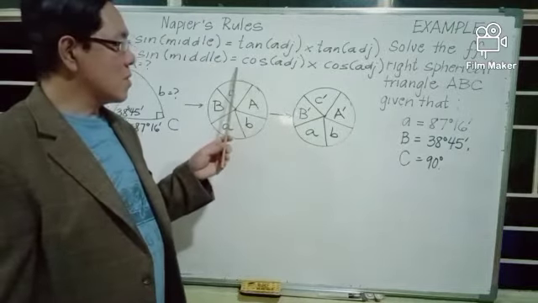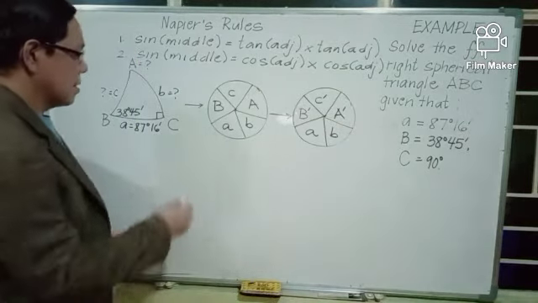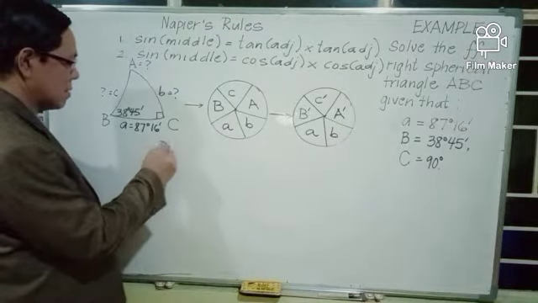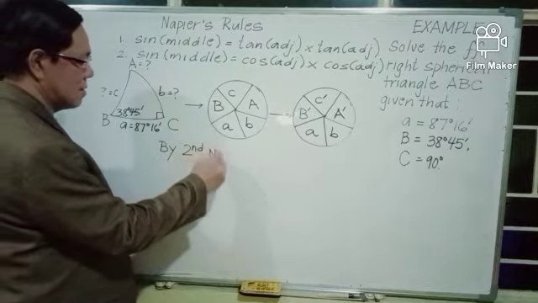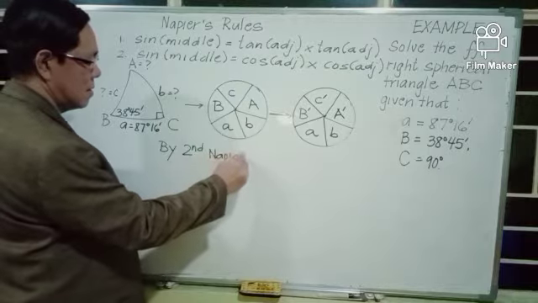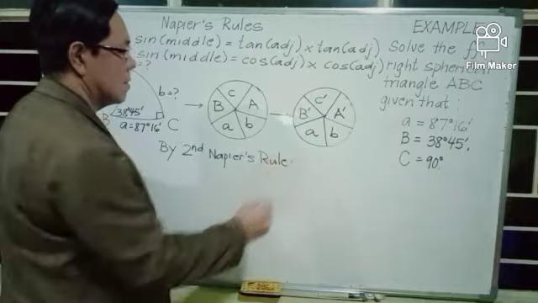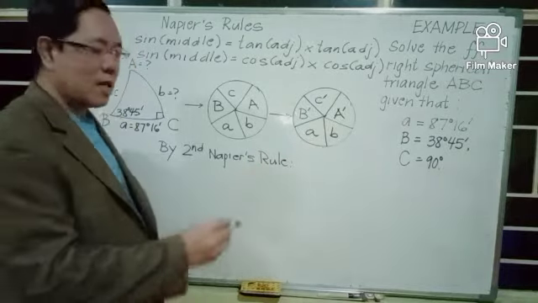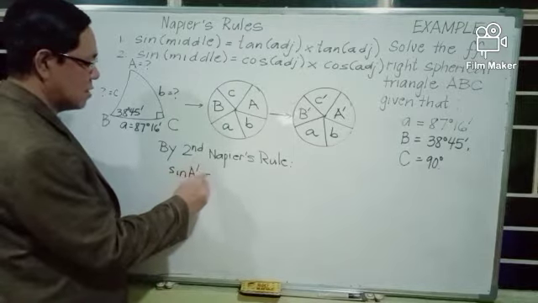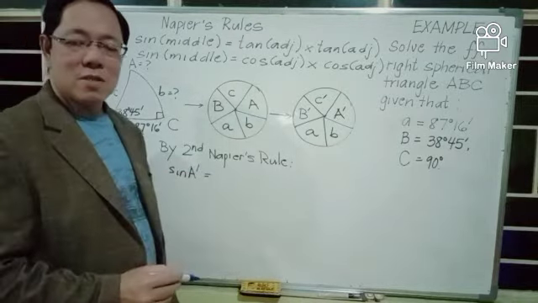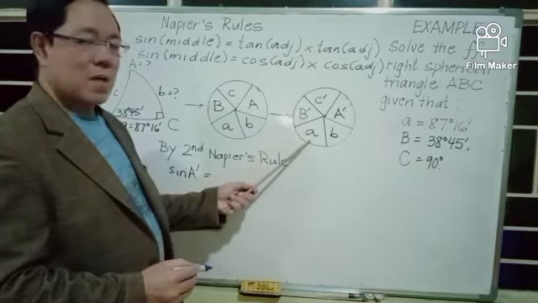And we write the equation using the second Napier's rule. The sine of the middle part, sine of capital A prime, is equal to the product of the cosines of the opposite parts.